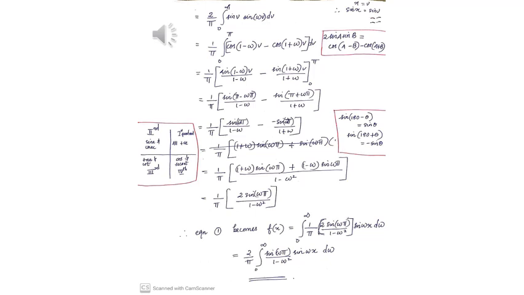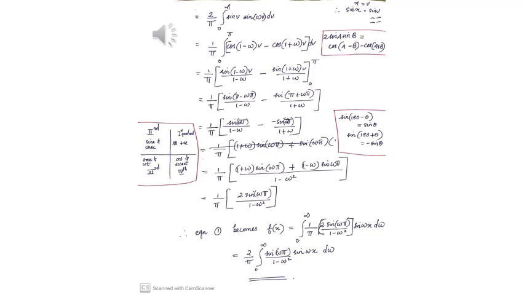That is, in the second step, 1 by pi integral 0 to pi of cos of 1 minus omega the whole into v, where v is taken common, minus cos of 1 plus omega the whole into v, dv. Now you can integrate this. That is 1 by pi, sine, since the cos integral is sine, of 1 minus omega v divided by 1 minus omega, minus sine of 1 plus omega v divided by 1 plus omega, the whole with limit from 0 to pi.